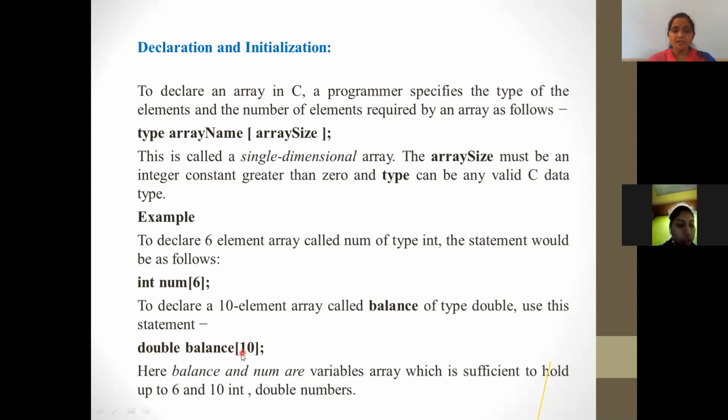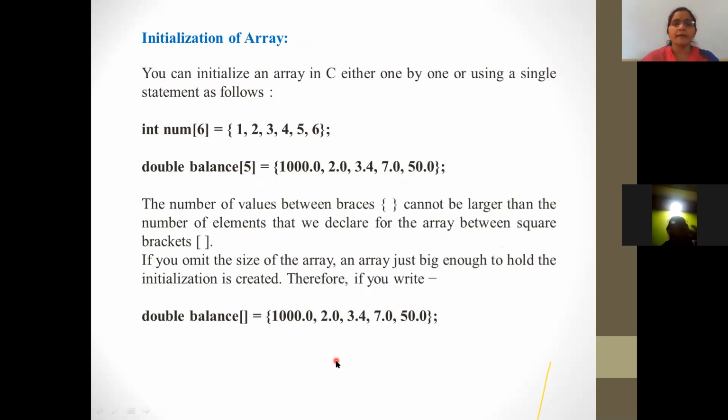It can hold 10 balance values of the type double, and for the first example the num array holds 6 values of the type integer. After declaration, the next point is how to initialize the array. How to initialize?